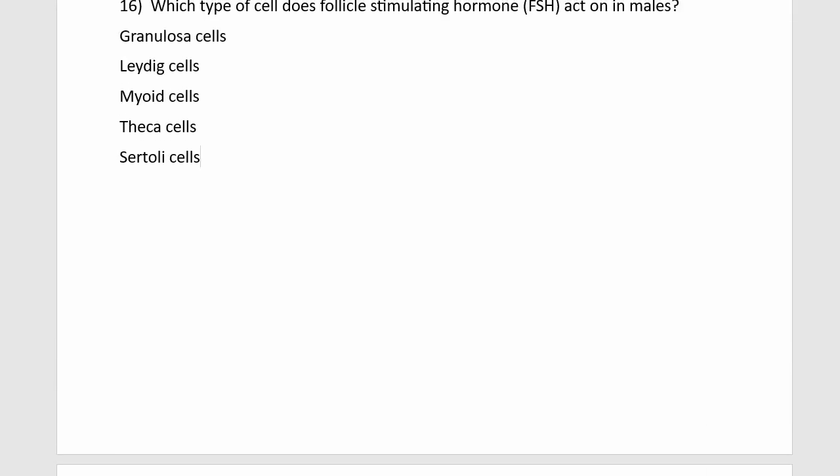In fact, let me just type that out. Maybe that's a little bit easier. So FSH is granulosa cells, and then LH, I can't spell, luteinizing hormone, this is theca cells.